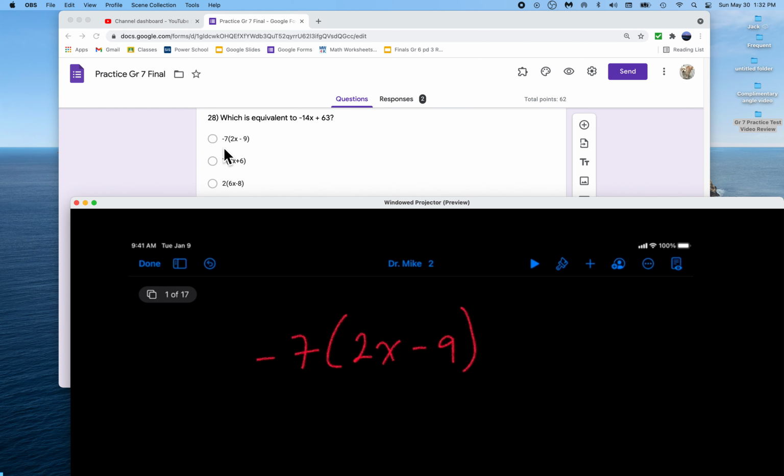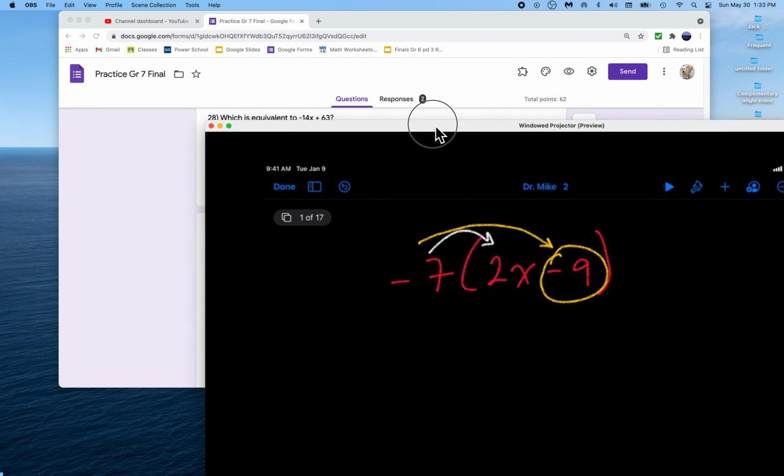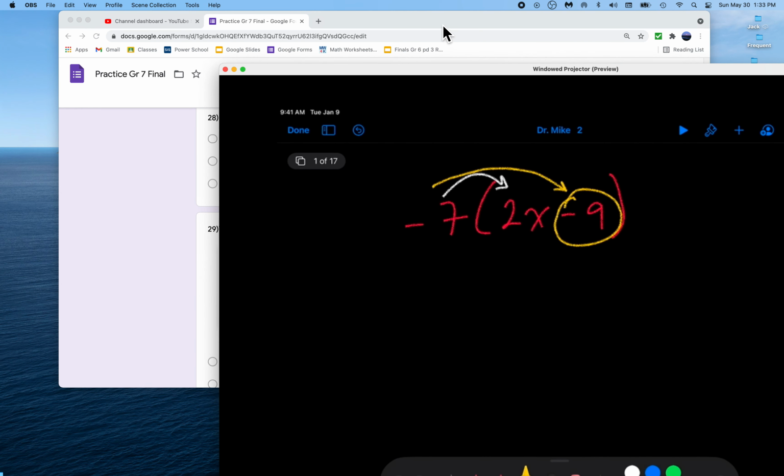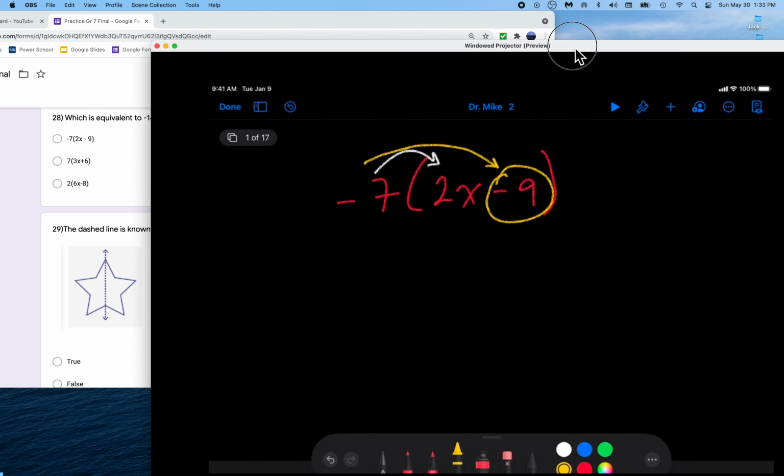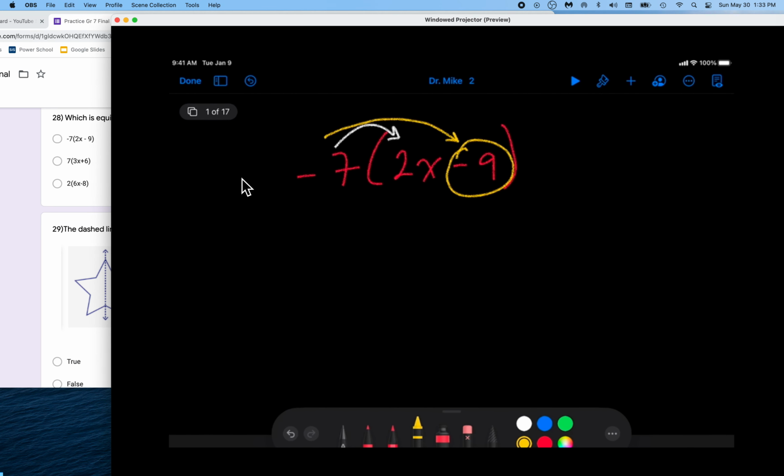Okay, we get our arrows popping. We always circle the sign and the second term. White arrow. The white arrow says -7 times 2x. That's going to be -14x.